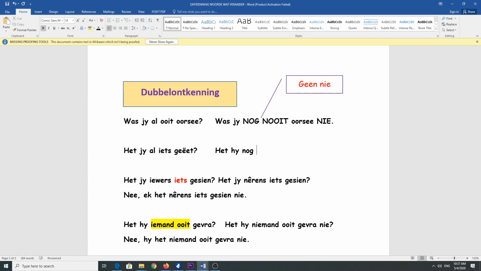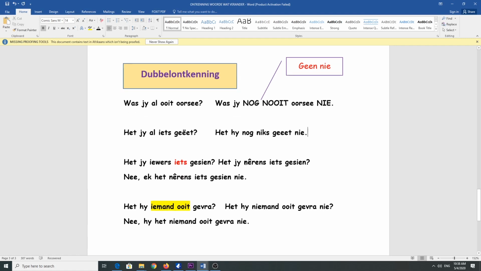So I drop the nie and I put het hy nog niks geëet nie. I'm not going to put the two dots there, the deel teken. Just remember it's supposed to be there. And this shouldn't end with a full stop, it should end with a question mark.